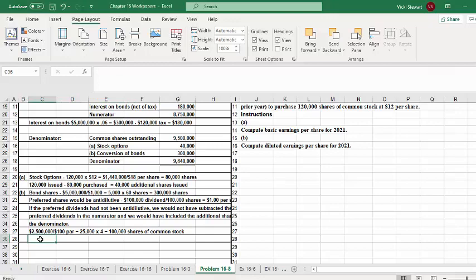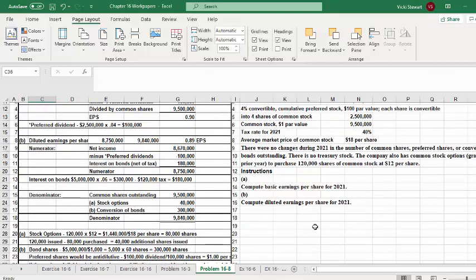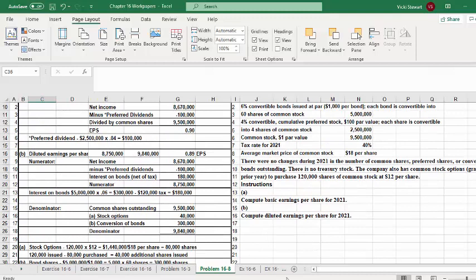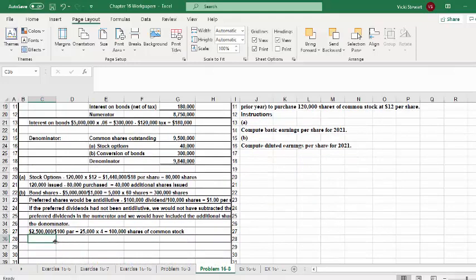So we take the par value that was given in the problem, $2,500,000, and the convertible preferred is $100 par value. So we divide $2,500,000 by $100, and we get the number of preferred shares, which is 25,000. Each share of preferred is convertible into 4 shares of common stock. So 25,000 times 4 is 100,000 shares of common stock.